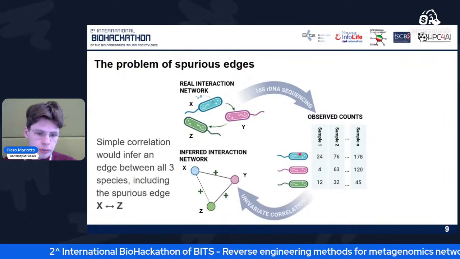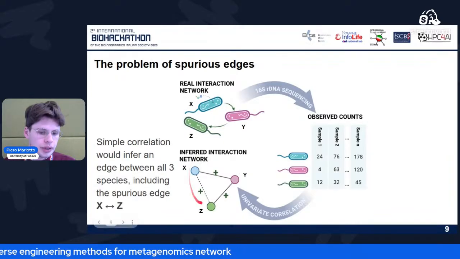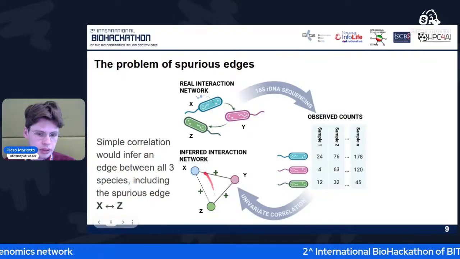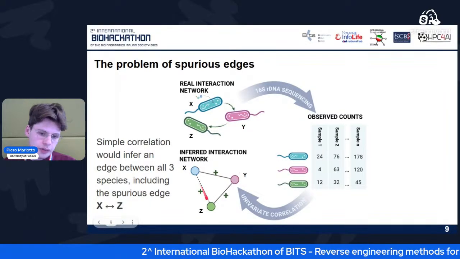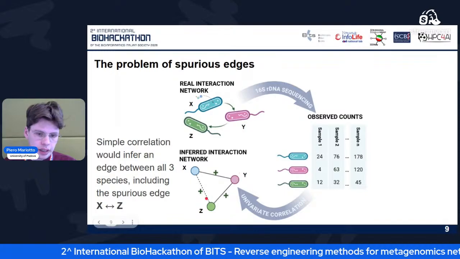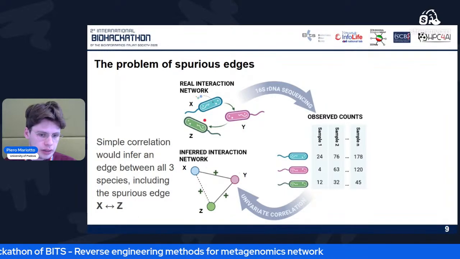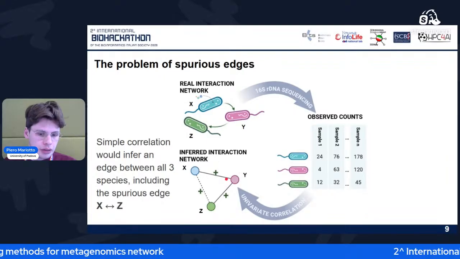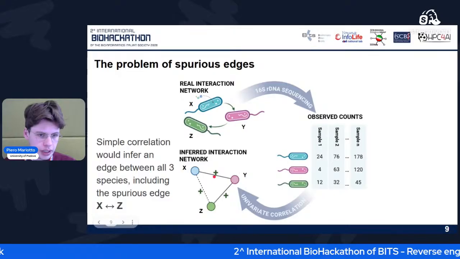So if you try to apply correlation to reconstruct the interaction network from this input table, you will end up with an interaction network that is something like this, where all species positively interact between themselves, and there is also a positive interaction between X and Z, which is not really present because X and Z do not interact in the real interaction network, but it is inferred due to indirect effect of correlation.